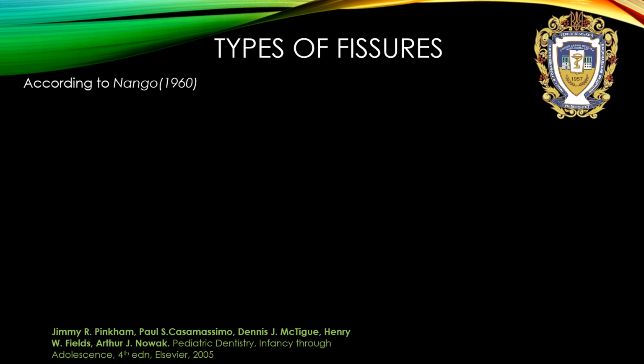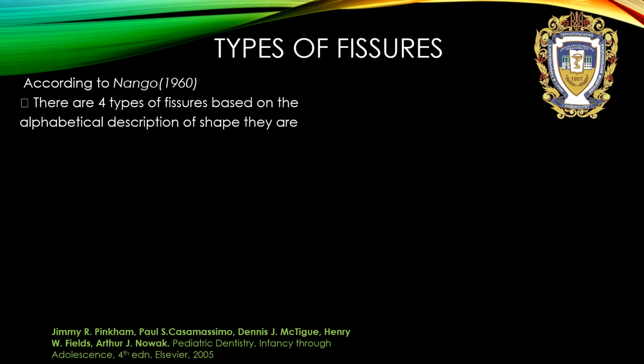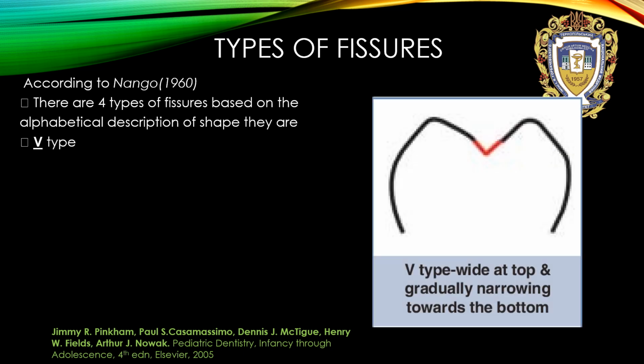What types of fissures do we know? According to Nagano, 1960, there are 4 types of fissures based on the alphabetical description of their shape. V type, wide at top and gradually narrowing towards the bottom.